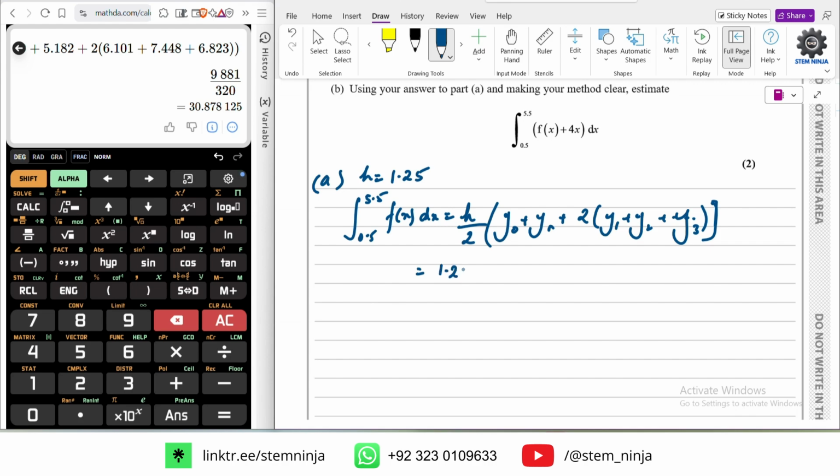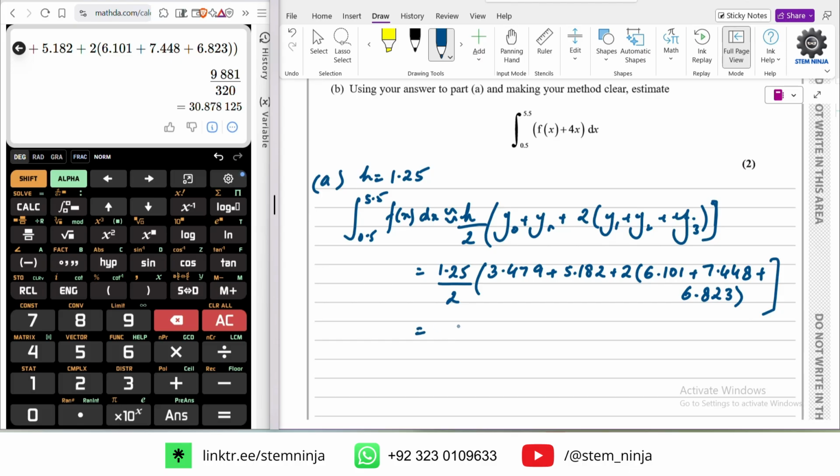So we have 1.25, this is an approximation, so if you use this also, that would also be fine, divided by 2, now we need the values, 3.479, 5.182 plus 2 times 6.101 plus 7.448 plus 6.823.